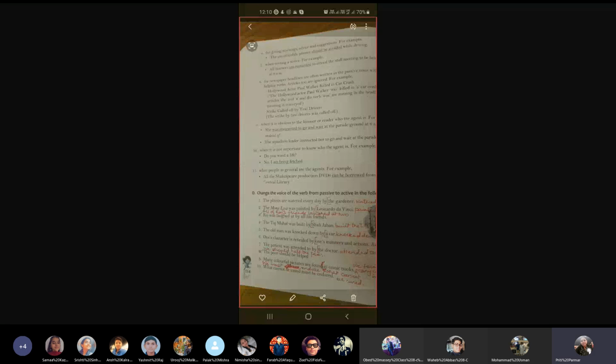Number eight, the poor should be helped. Now the answer, active voice: we should help the poor. Here, if you see, the poor should be helped, actually the doer is missing.